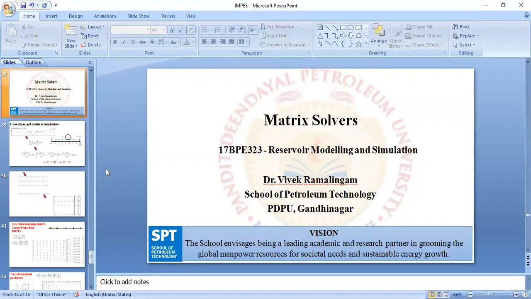In the example problem, we took 5 nodes; excluding the boundary nodes, we had only 3 nodes. For every node, we have one unknown which has to be calculated, which is pressure. So finally in that process, we ended up in a 3 x 3 matrix.